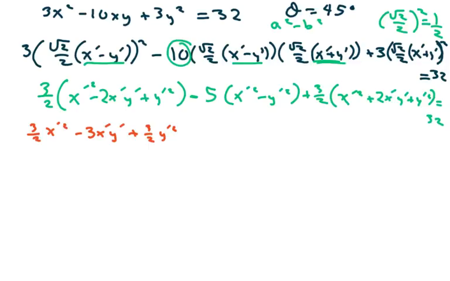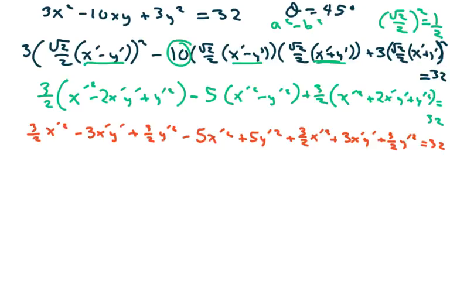So we have minus 5x prime squared plus 5y prime squared plus 3/2 x prime squared plus 3x prime y prime plus 3/2 y prime squared equals 32.